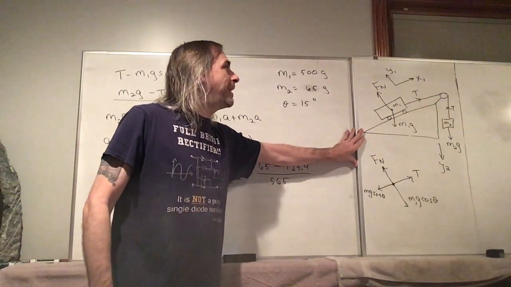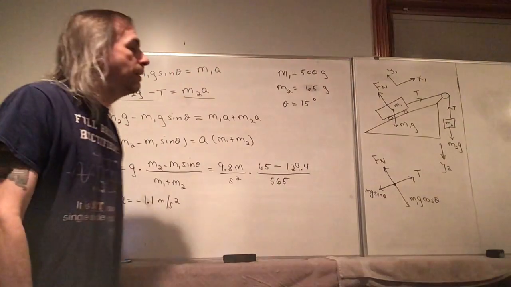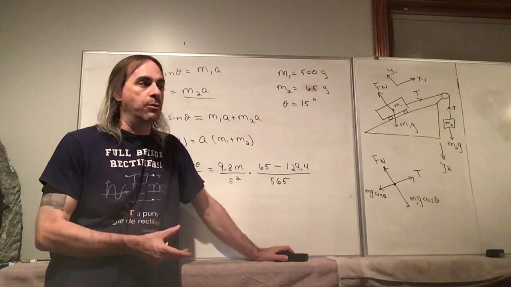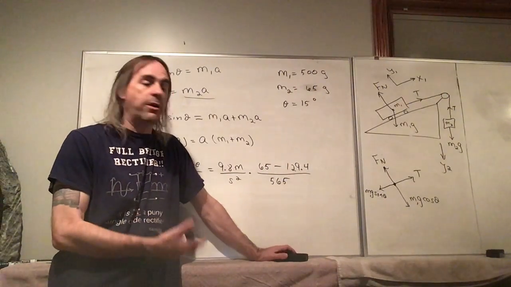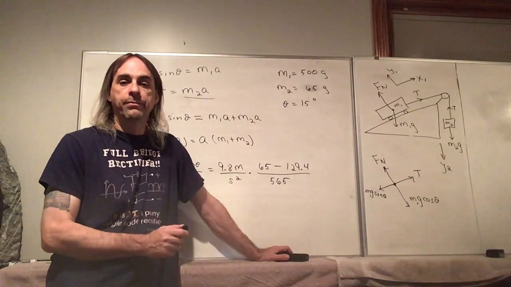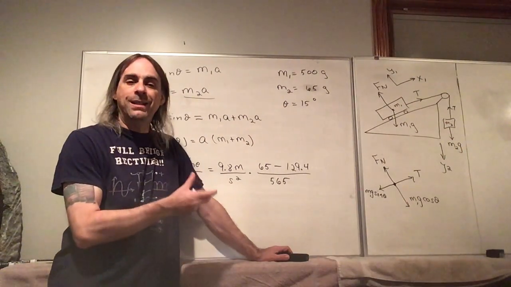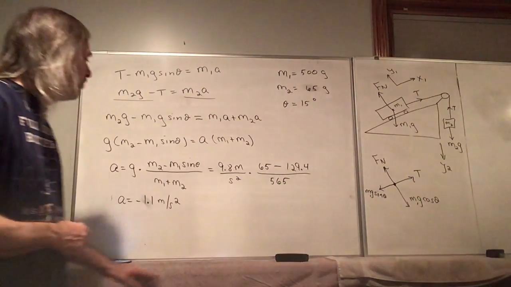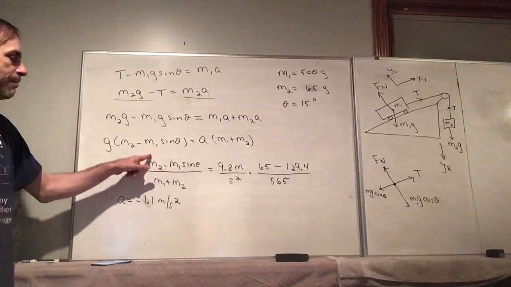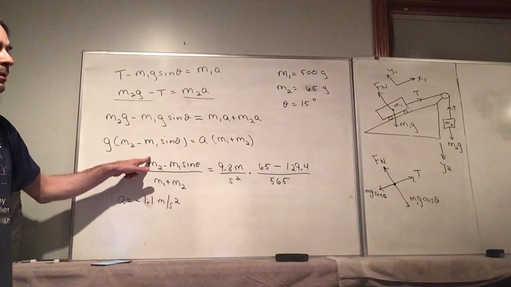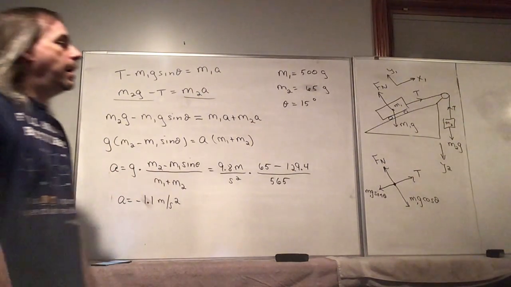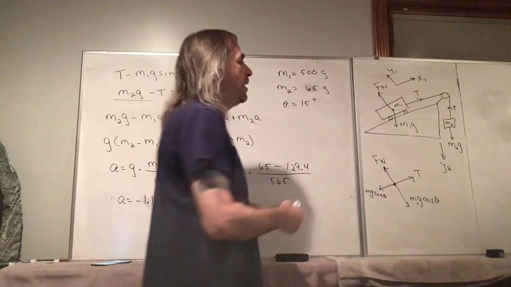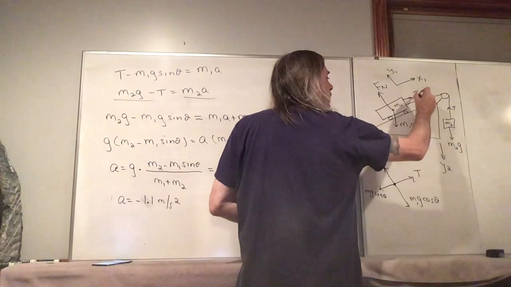However, that's not always going to be the case, because in this particular problem, if we were taking friction into account, the direction that it's moving definitely is an important factor. And so if we added friction to it, we'd have to first start without friction. And when we see that this term is bigger than this one, then we would know we guessed wrong. And so because this cart's going to actually go down the incline, then we could add friction going this way.